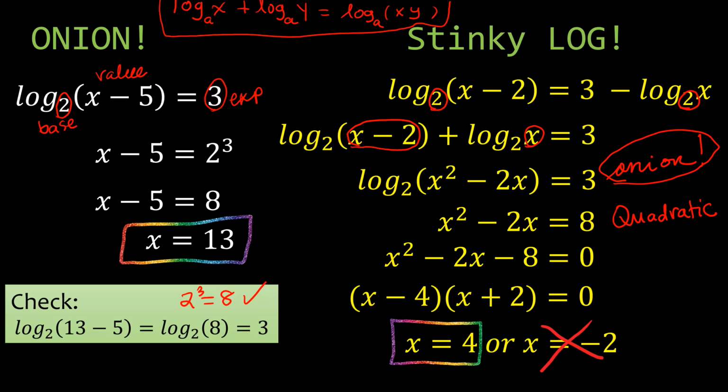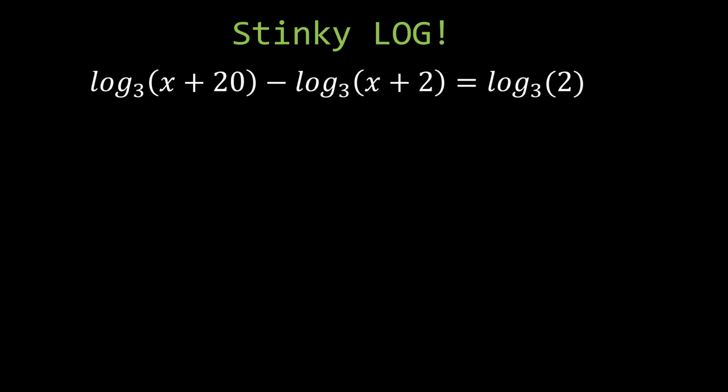All right, now let's take a look at one more Stinky Log here. Ooh, so first observe base 3. They all have the same base, which is good. Okay. Now on the left hand side, subtraction, we have this property again that says log base a of x minus log base a of y will equal, right?